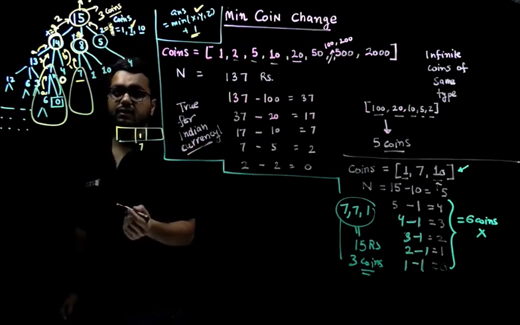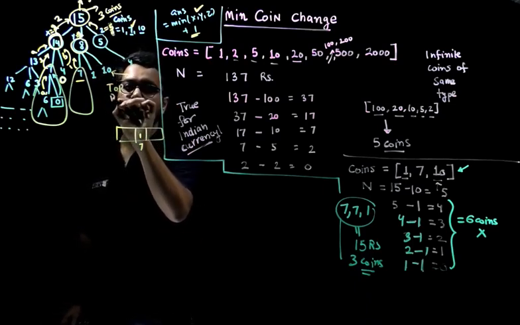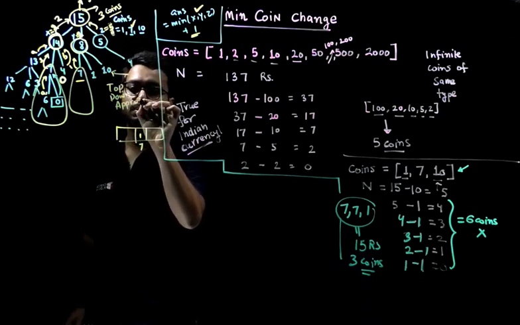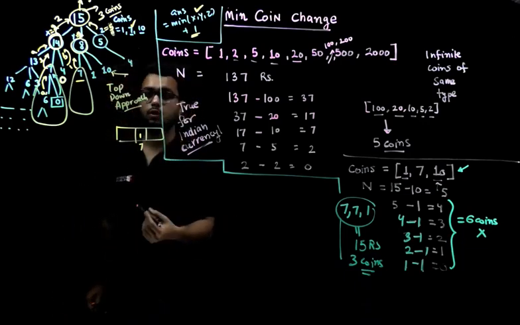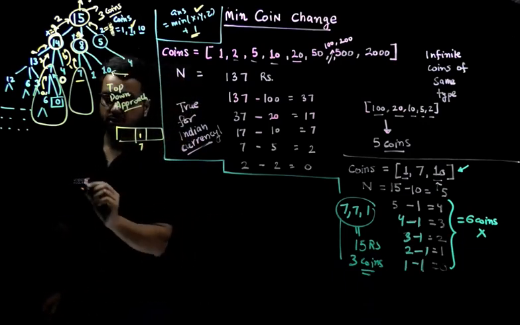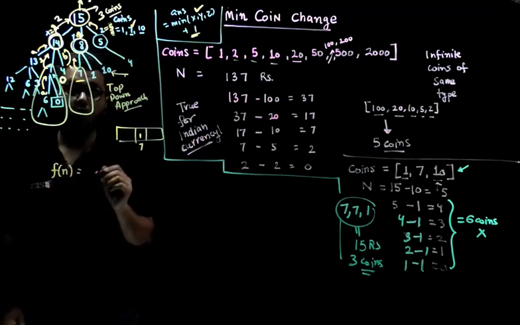So this is the recursive tree, and this is what is going to happen in the top-down approach. You are going to do recursion with some memoization. So if I talk about what calls you are going to make, in order to compute f of n, you are basically trying all possible coins.